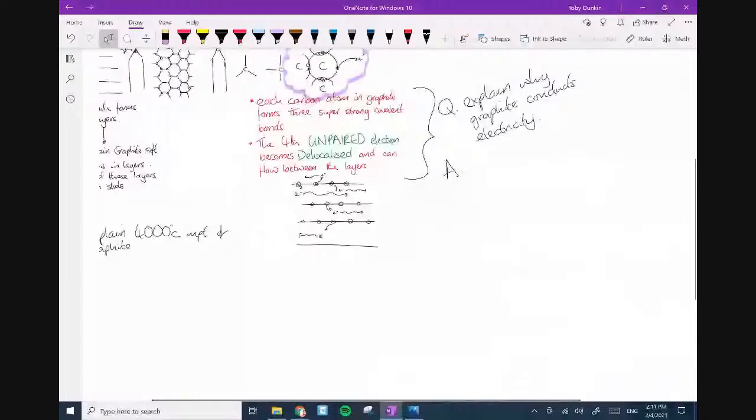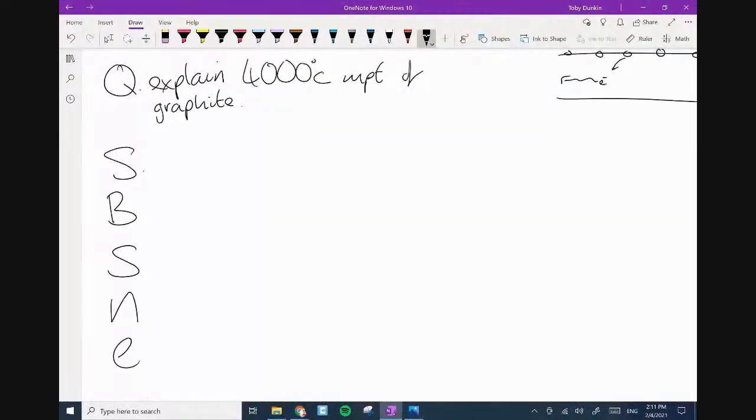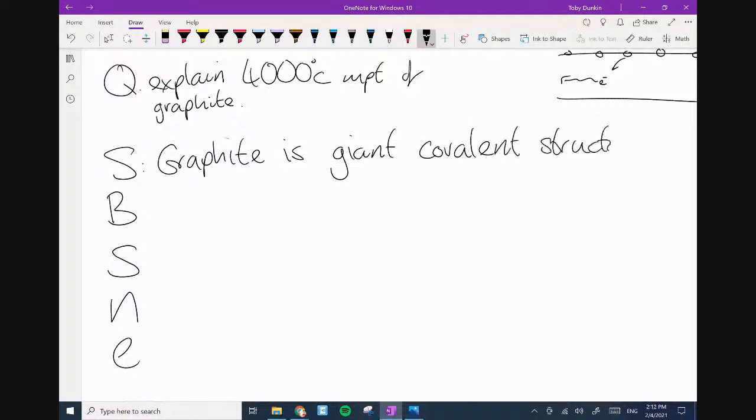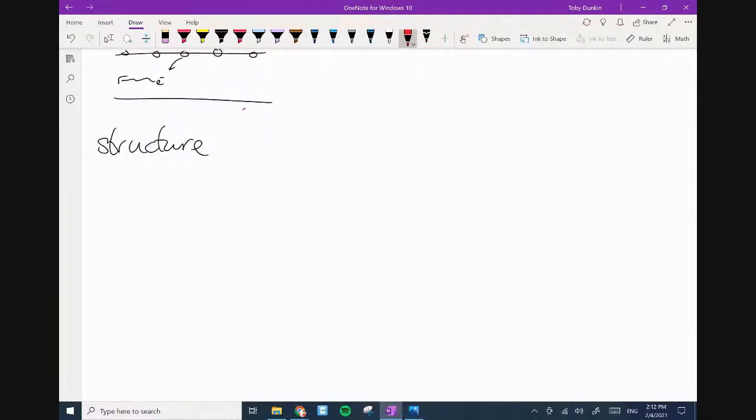So to run this question for graphite, run Susan Boyle. So first thing is structure. Graphite, we've got to say that graphite is a giant covalent structure. Now, at this point, I am just going to mention something, which is brackets macromolecular.